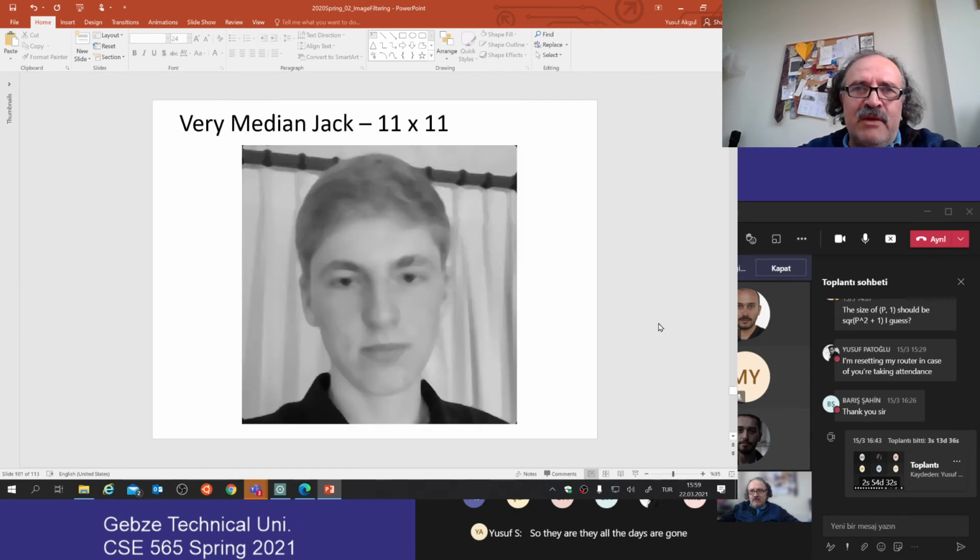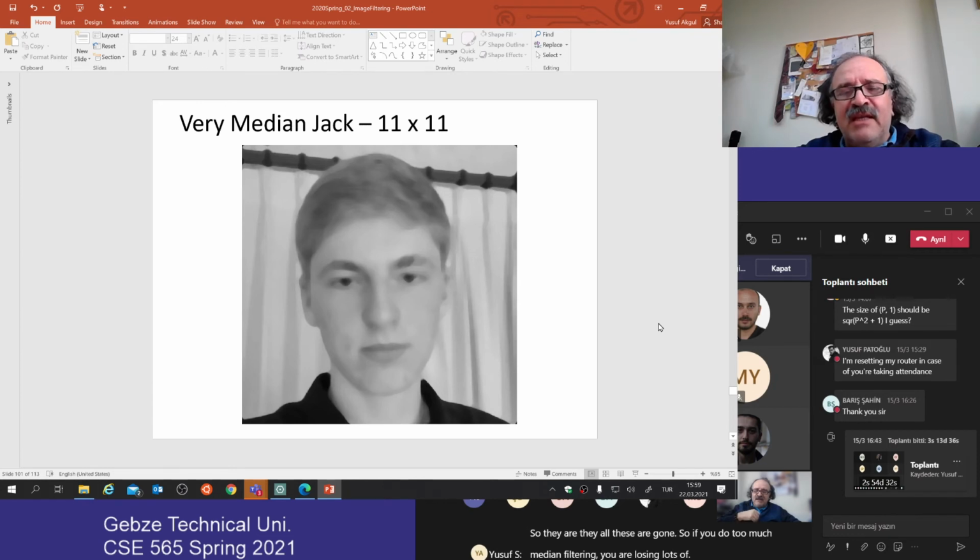So if you do too much median filtering, you lose lots of information, and there is a posterization effect. What is the posterization effect?